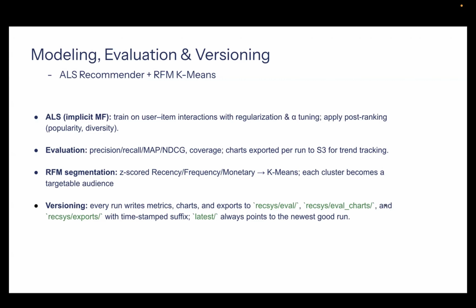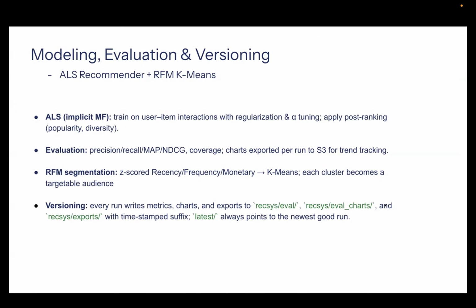And we publish both CSV metrics and PNG charts to S3 per run for trend tracking. Meanwhile, we also built RFM k-means on Z-scored RFM. Both families return their own versioned outputs. This is important. It is how we compare runs side by side and keep ourselves honest about the progress.